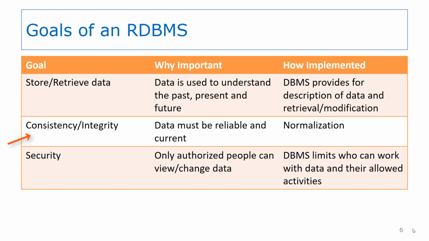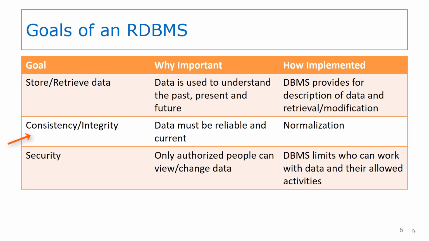Consistency and integrity is another major goal. This is normally done by the person who designs the database, a job that is often performed by a database administrator, or DBA. One of the primary ways to ensure database consistency and integrity is by using normalization techniques, which will be discussed in detail later in this course.